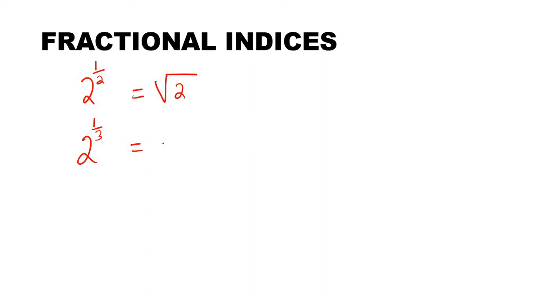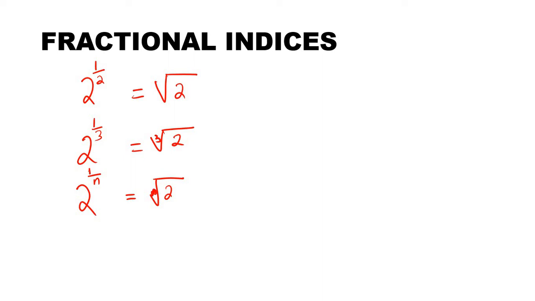It is simply cube root of 2. Put 3 here, okay? So when I have 2 raised to power 1 over n, that is the nth root of 2. It should be n.